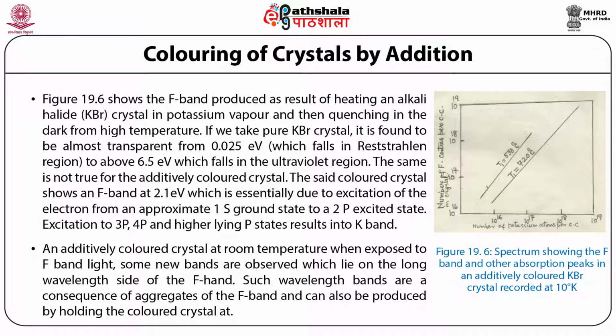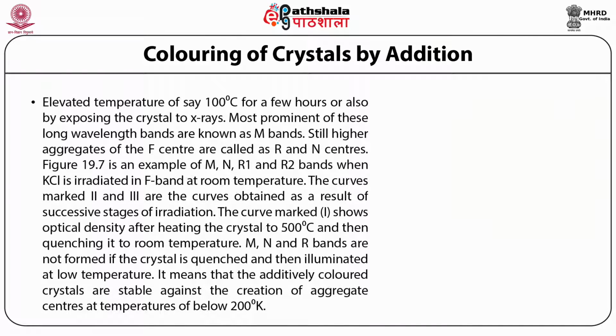which lie on the long wavelength side of the F band. Such bands are a consequence of aggregates of the F center and can also be produced by holding the colored crystal at an elevated temperature of, say, 100 degrees centigrade for a few hours, or by exposing the crystal to X-rays.